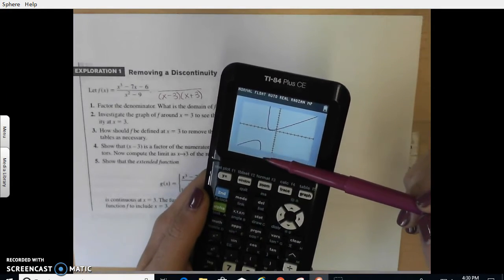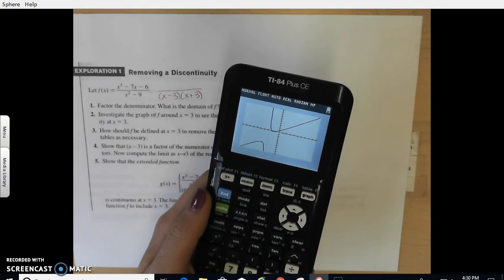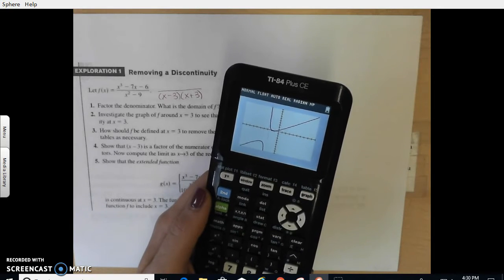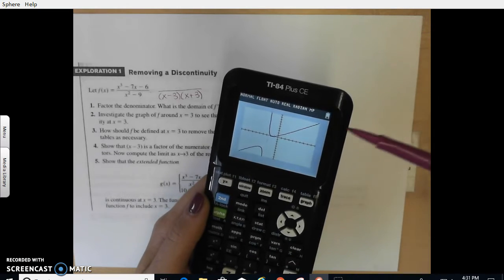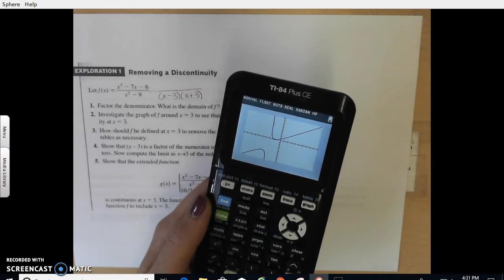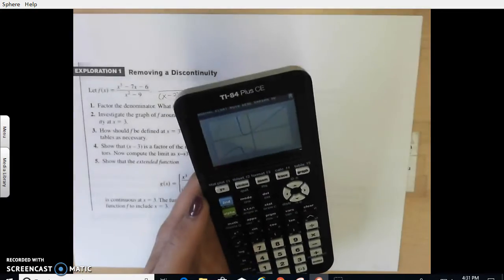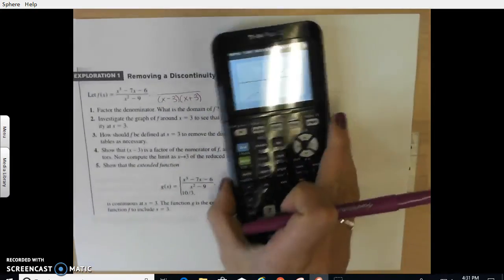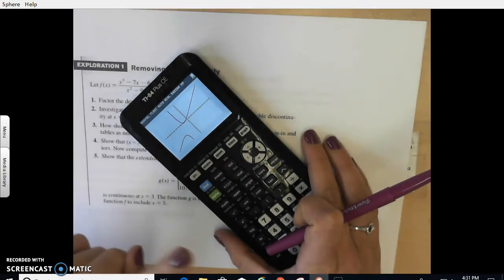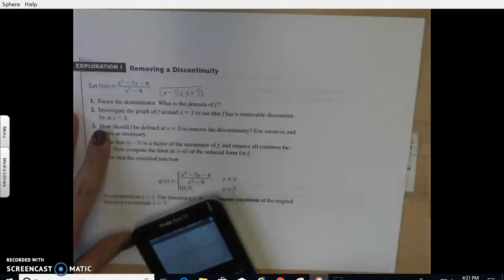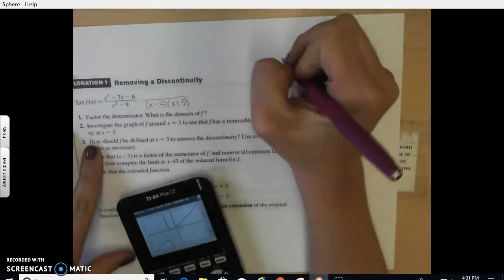And we can see that at x equals negative 3, we have an asymptote. But at x equals 3, we don't, which means we removed our discontinuity. If we're removing our discontinuity, that means x minus 3 has to be a factor of our numerator. So I would use synthetic division.